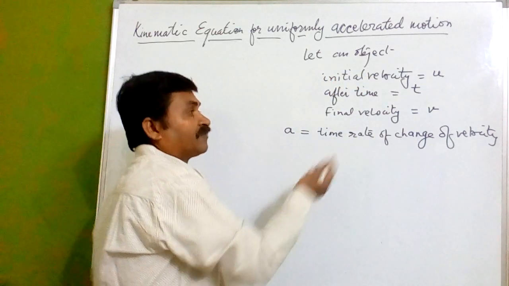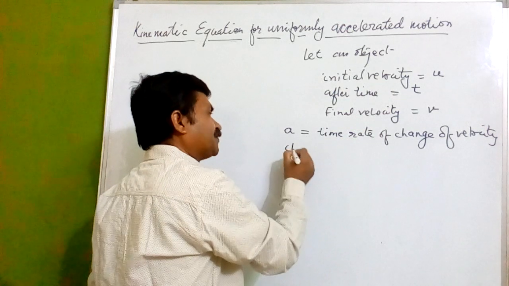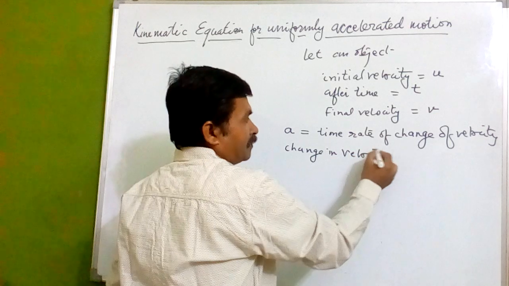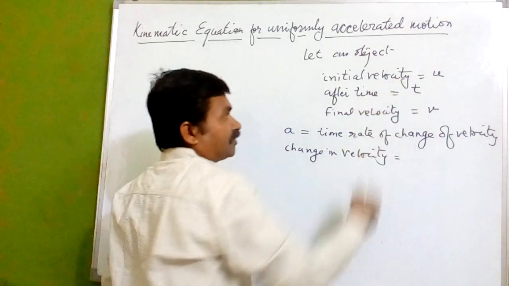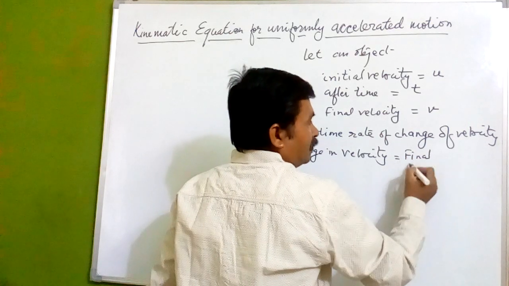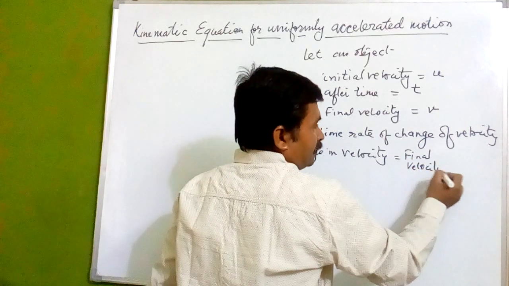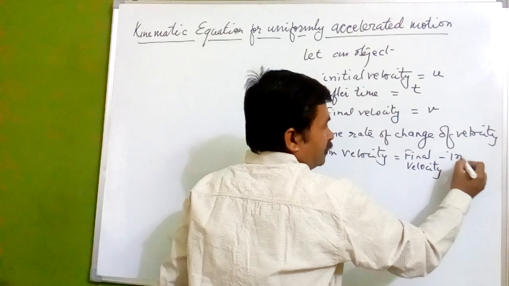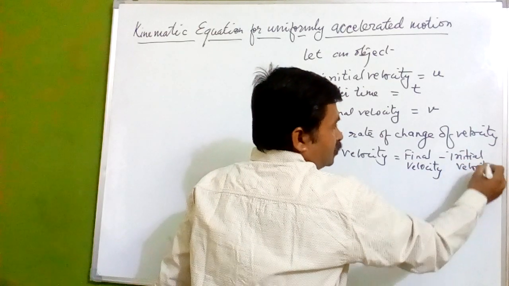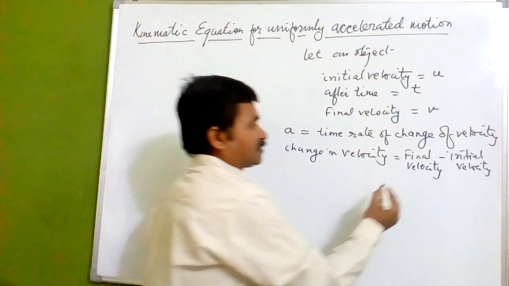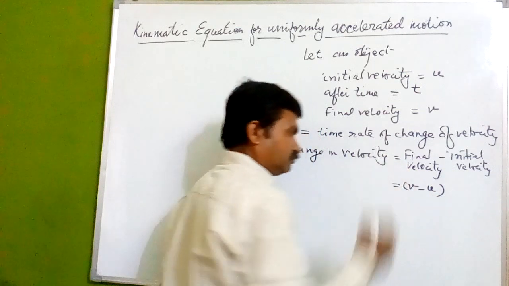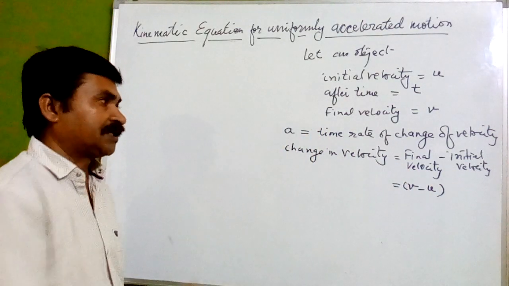Now according to the definition, first we will find the change in velocity. So the change in velocity is the final velocity minus the initial velocity. The final velocity is v, and the initial velocity is u. We have got the change in velocity.